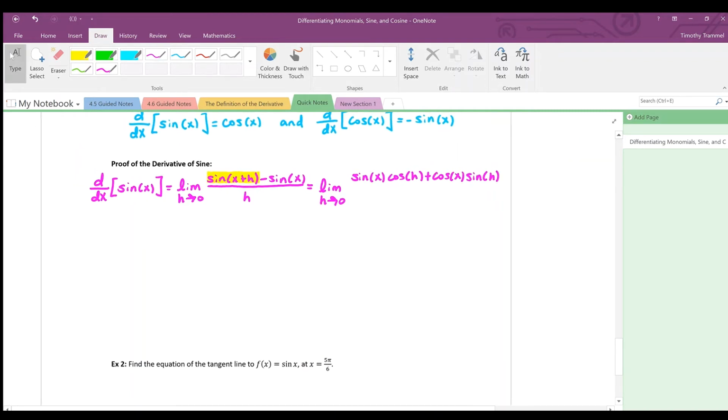And then we still have that minus sine of x, all over h. And so that first highlighted portion is equivalent to this highlighted portion. And again, we're just using a trig identity here.